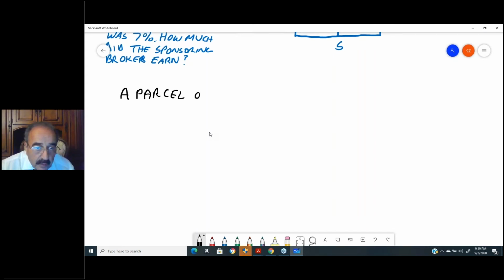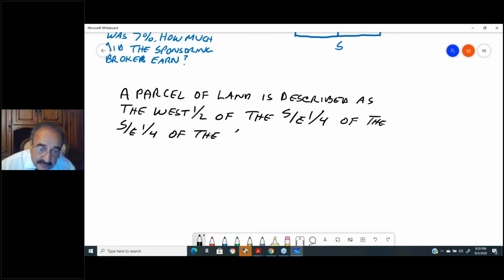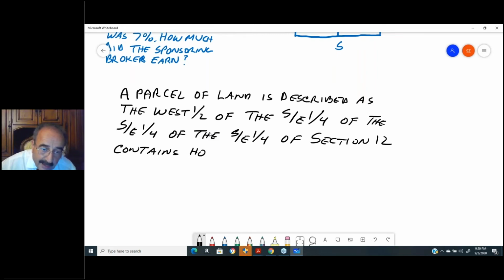A parcel of land is described as the west half of the southeast 1/4 of the southeast 1/4 of the southeast 1/4 of section 12 contains how many acres?